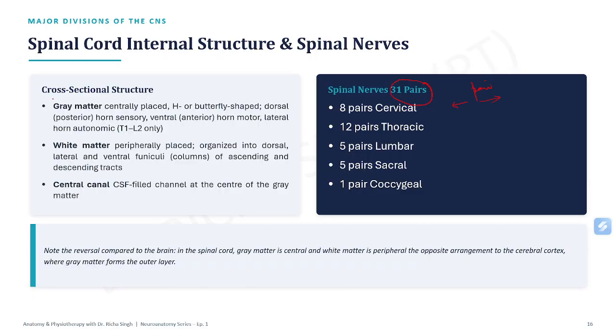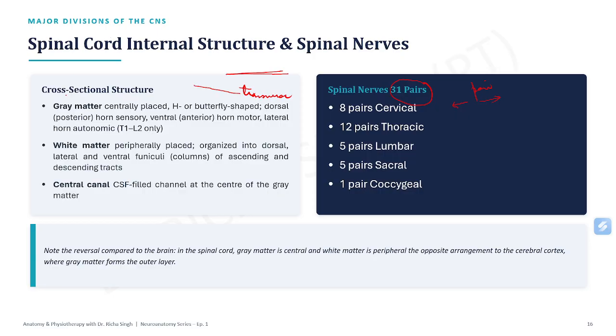Then to come to a cross section, if you want to study the spinal cord, basically you have to divide it in a transverse plane. What is a transverse plane? It's a horizontal plane that you use to study the structure of the spinal cord.